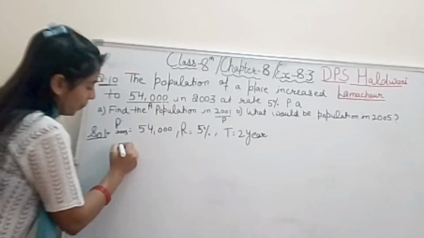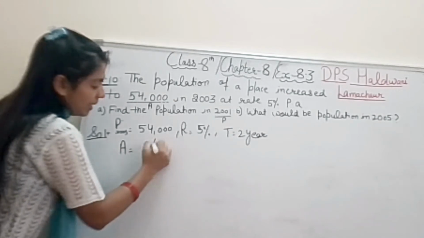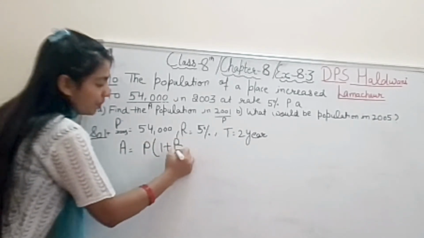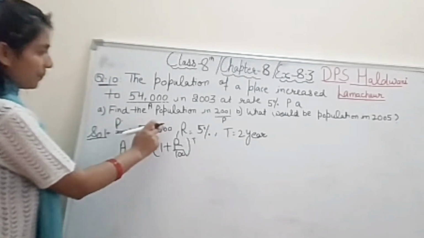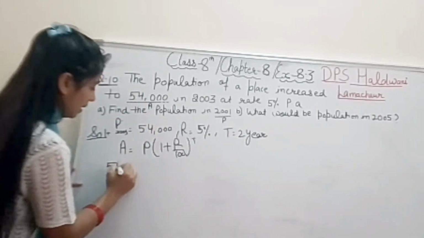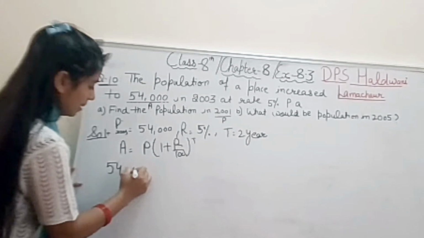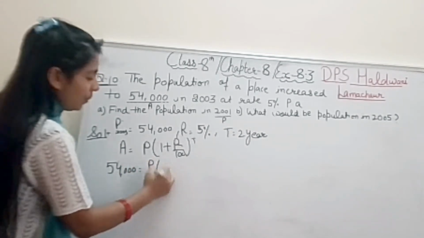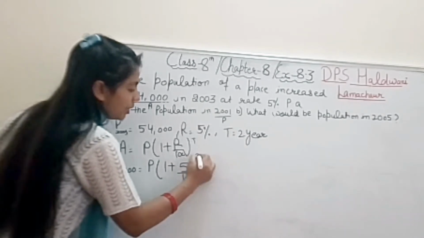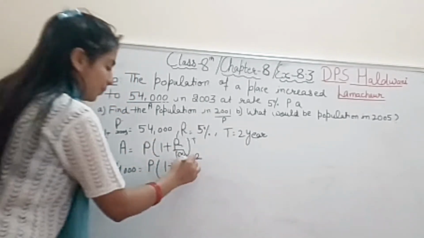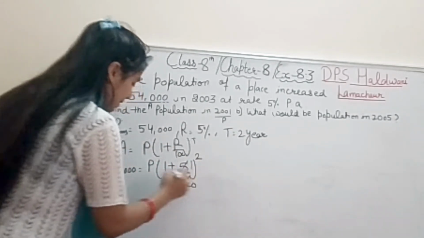Now the formula. We know amount is equal to P into (1 plus R upon 100) to the power T, right? So what is A? A is 54,000. P we don't know. 1 plus R, 5 upon 100. T is 2 years. That's it. 5 ones are 5, 5 twos are 10, 0.